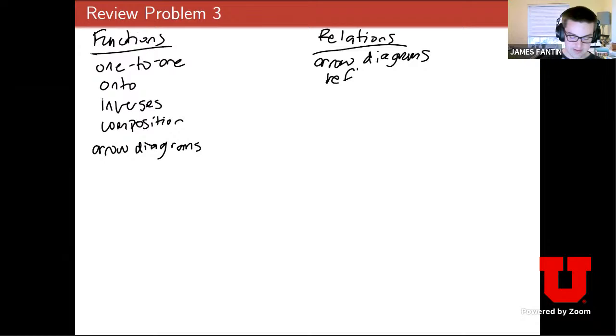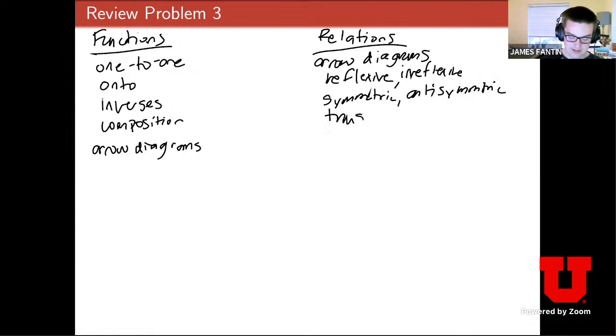We have reflexive and irreflexive, symmetric and antisymmetric. We have transitive, whether something's an equivalence relation.